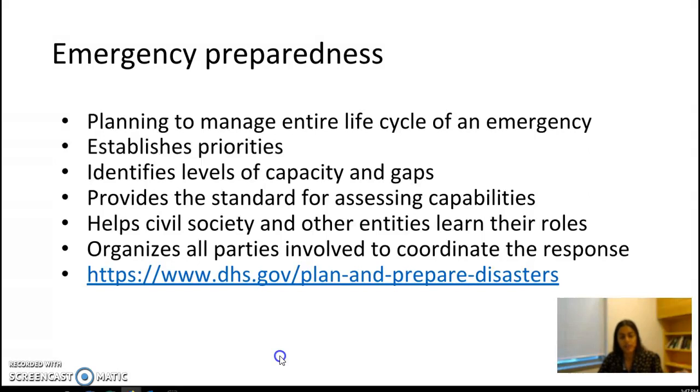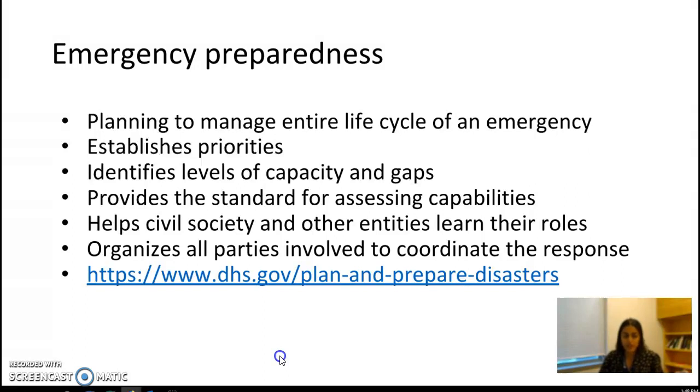So this preparedness protocol generally would help civil society and other entities learn their roles, how groups like the Medical Reserve Corps, which is a group of skilled volunteers who are ready to help, fit in.